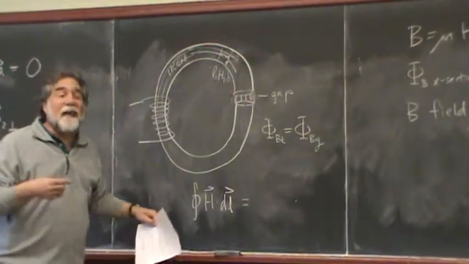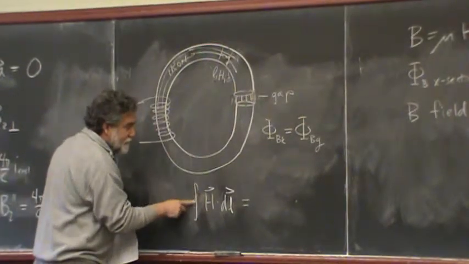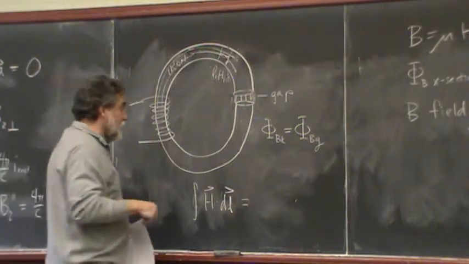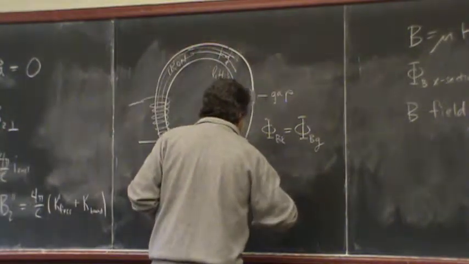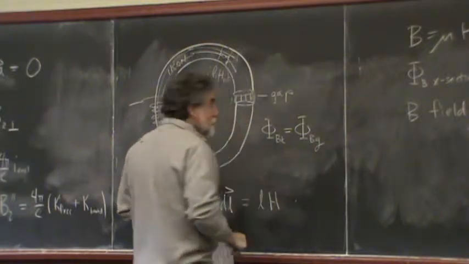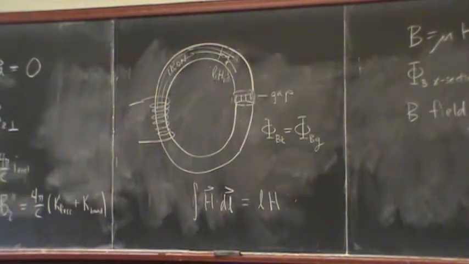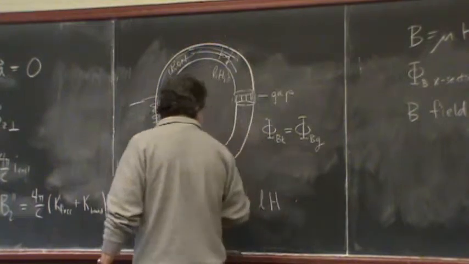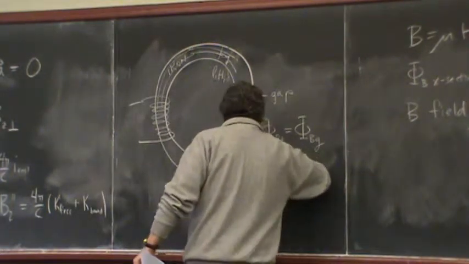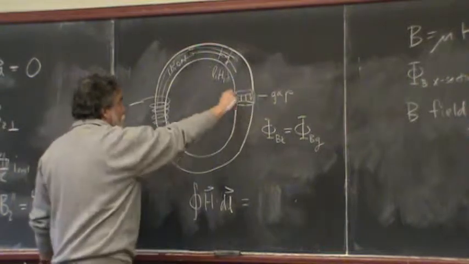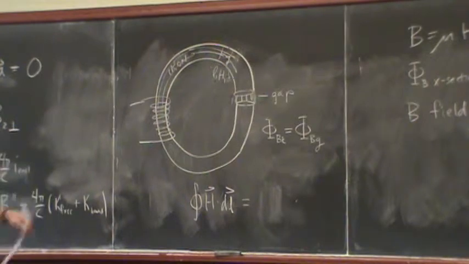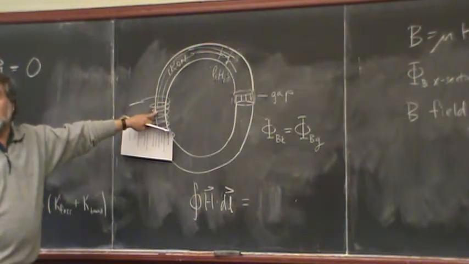For a little bit that I'm going to go from one place to another, this would just be the length of that little region times H for that little region. Now when I go all the way around the loop, I'll close the loop, erasing that, but I'll come back to it. In that case, H is only going to be due to the presence of the current.